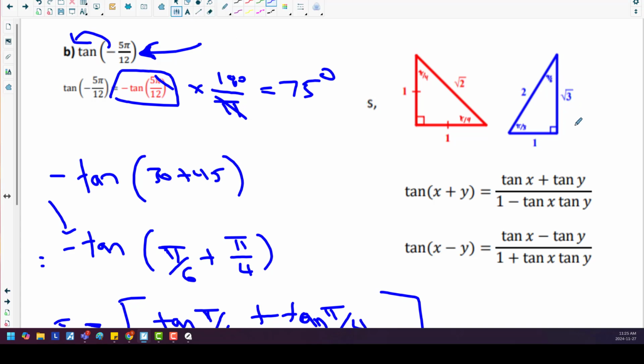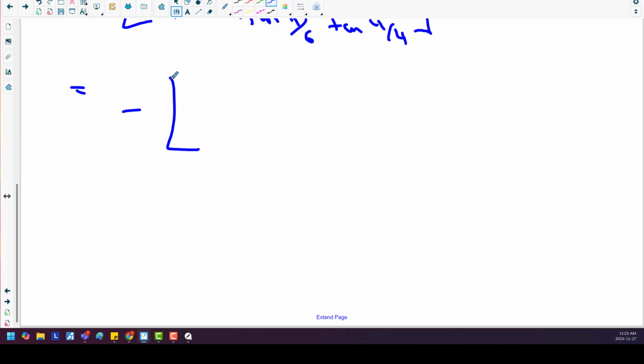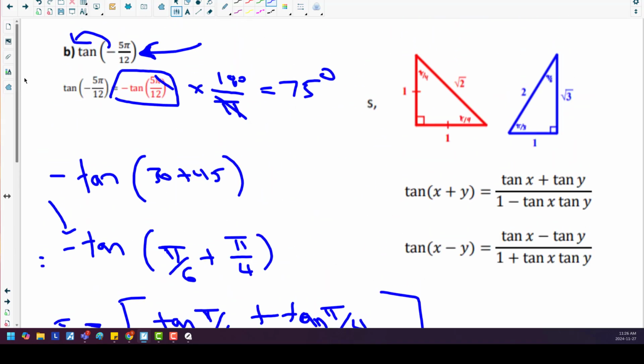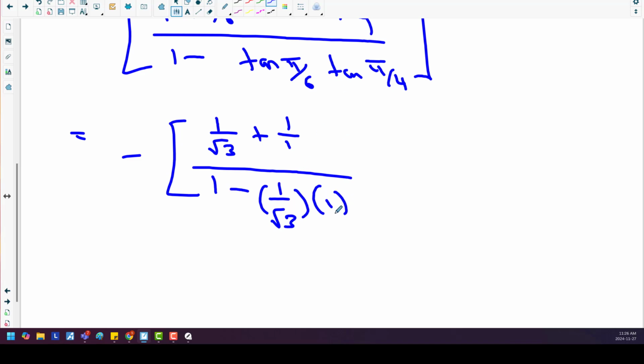So tan of pi over 6 is 1 over root 3. Plus tan of pi over 4, which is opposite over adjacent, so 1 over 1. And this is 1 minus tan of pi over 6, which we just did as 1 over root 3, remember, times tan of pi over 4, which is 1. Okay, so now I've successfully substituted all the ratios into our fraction.